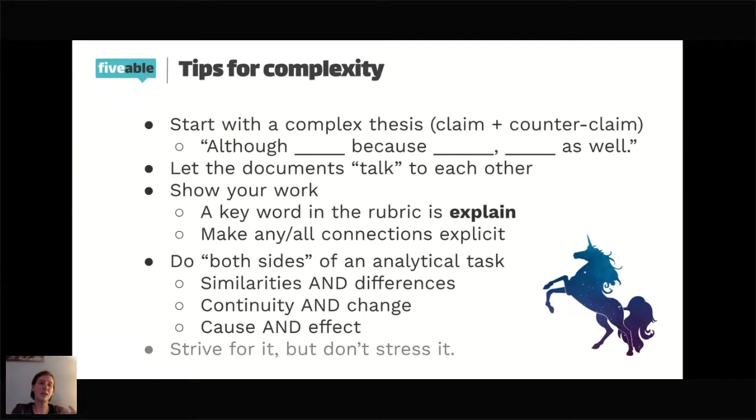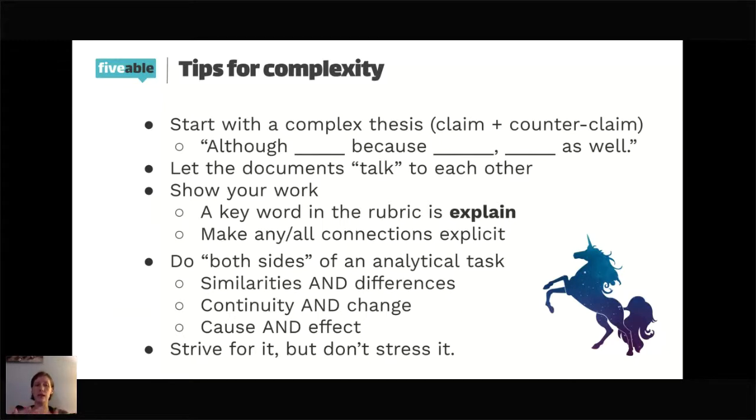And I think the thing that I said earlier, and I want to reiterate about complexity, is that you should strive for complexity. Striving for the complexity point is going to set you up well to earn most, if not all, of the other points in the essay, right? A complex thesis earns the thesis point. A complex analysis includes evidence, which allows you to earn the evidence points.